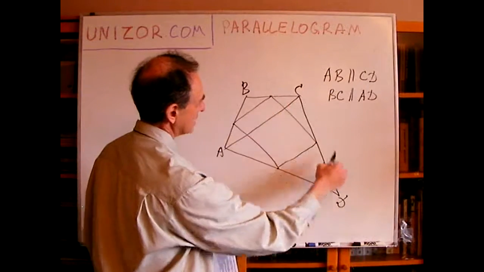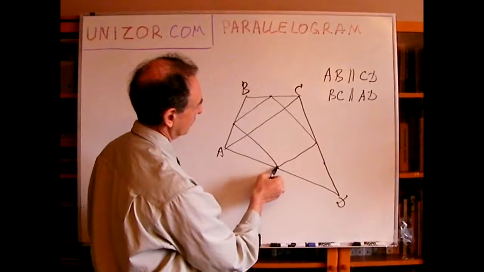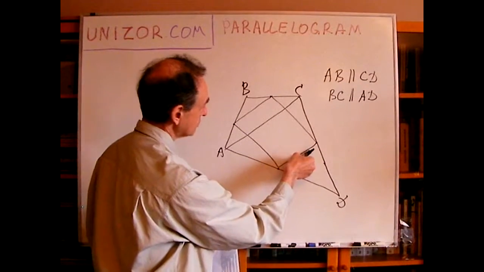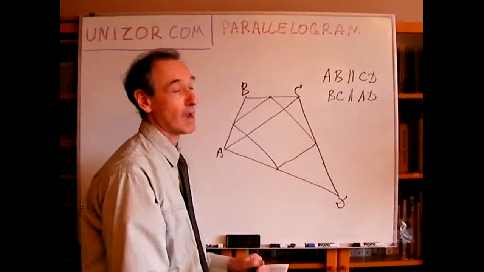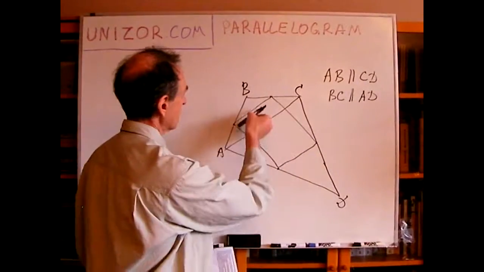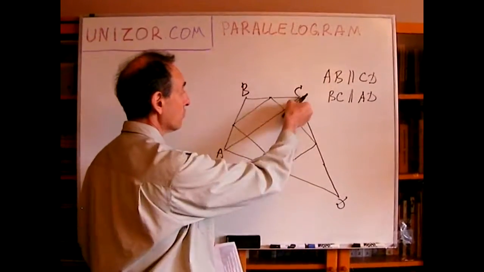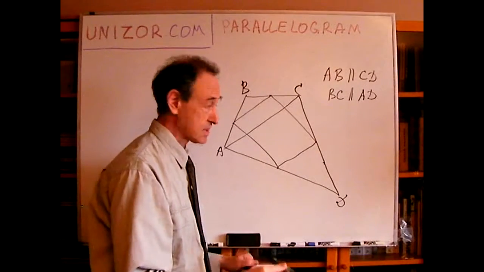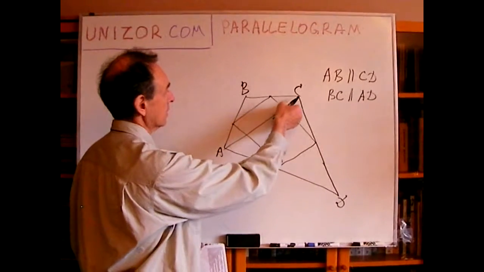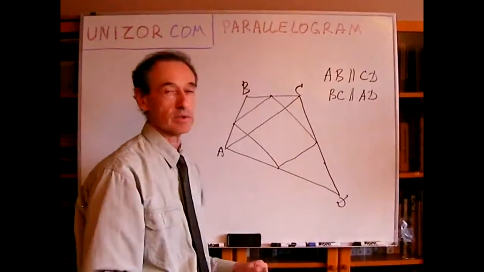Now, triangle ACG, this is also mid-segment, middle point and middle point, and therefore this is also parallel to the same AC and equal to the same half of AC. So that's why these two segments are parallel both to the same line AC, which means they're parallel between themselves, and they're both in lengths equal to half of AC, which means that they are congruent.